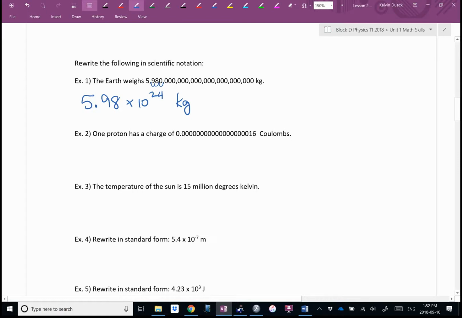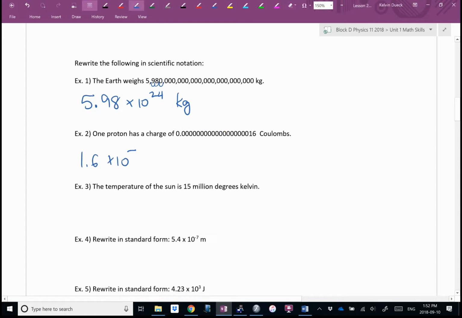A common mistake kids make is they think, oh, I start on the end and work my way this way. No, it's always read that way. So 1.6 times 10. And I always write the negative right away, because I can't tell you how many times I've forgotten to put it when it's a small number, because I was so thrilled that I counted correctly.